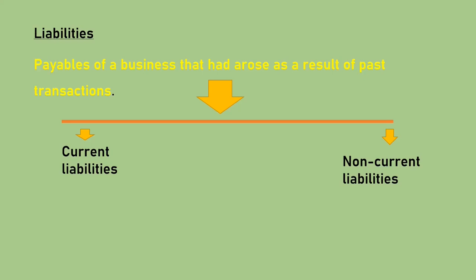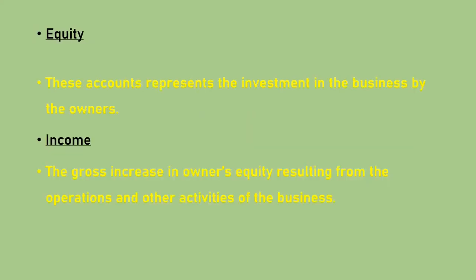Examples: trade creditors, accrued electricity expense. Non-current liabilities means the liabilities falling due even after 1 year. Examples: long-term bank loan. Equity means the value of assets that belongs to the owners of the business.